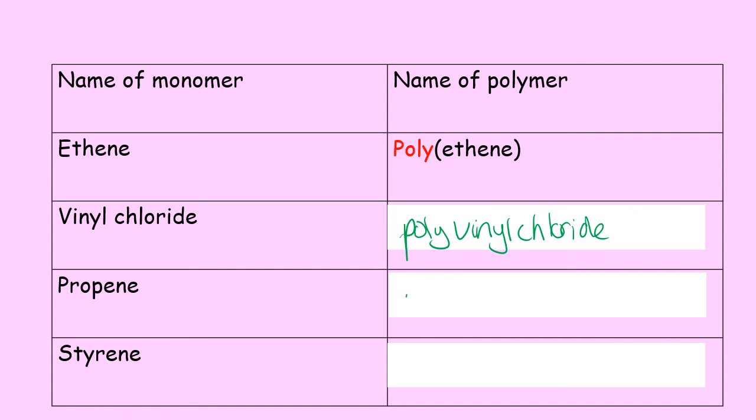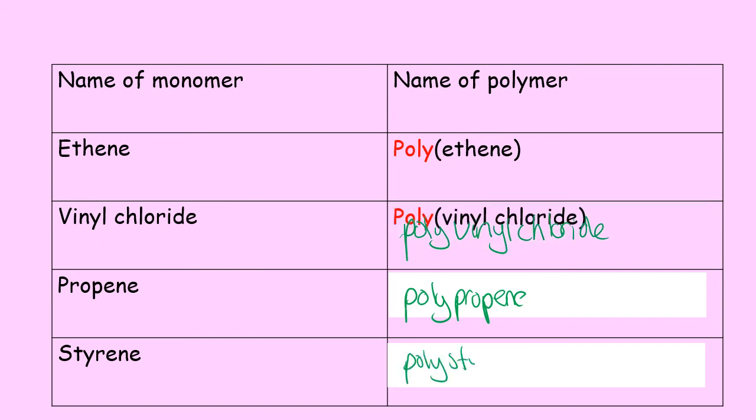Propene, if that's the monomer, well, polypropene is the name of the polymer. And styrene, well, the polymer is polystyrene. So naming polymers is very easy. You just add poly in front of the name of the monomer.